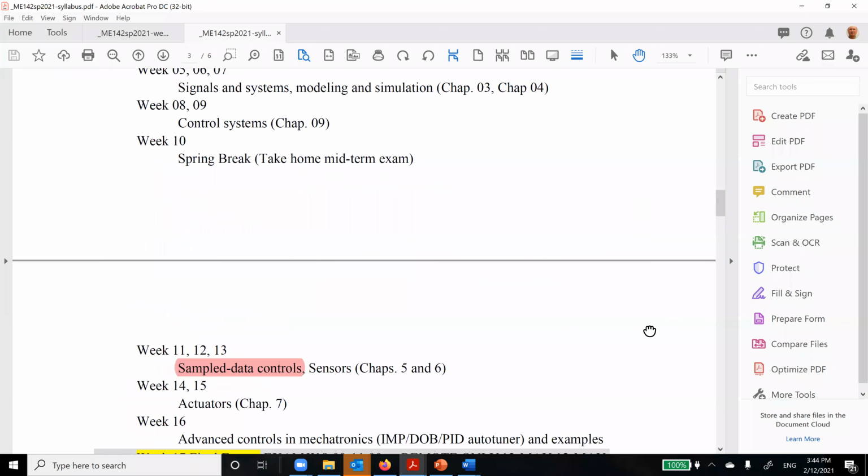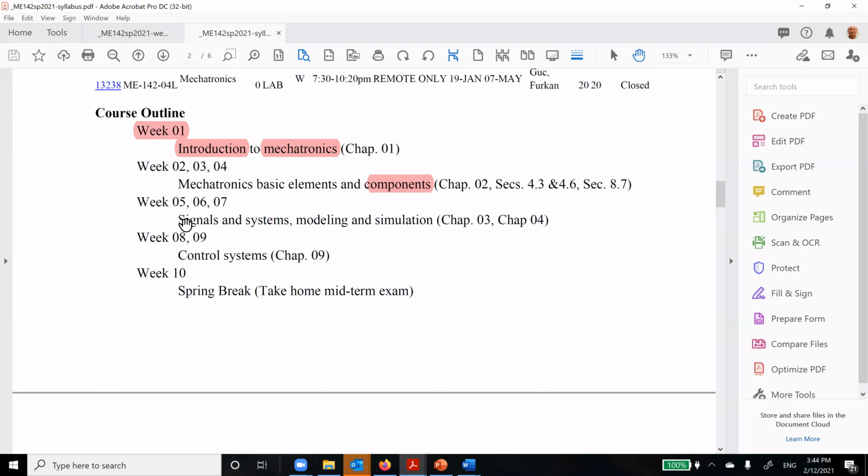So week 5, we are going to go to signals and systems. You actually already are doing modeling and simulation, but we really need to go through the basics, especially the realization part. Many things will make very good sense after you have learned these 3 weeks of content in signals and systems.